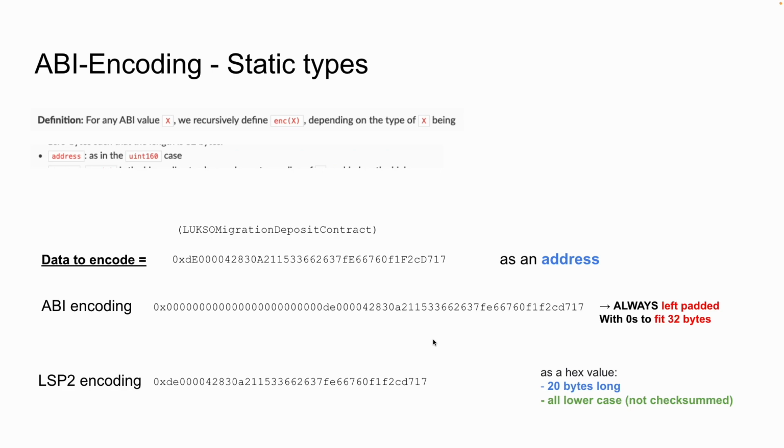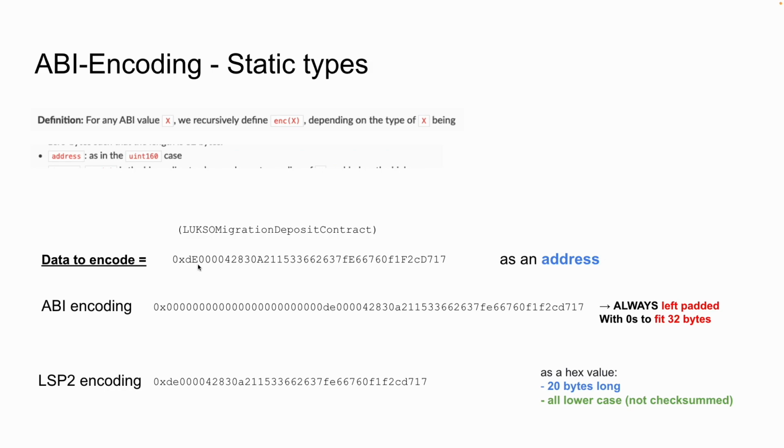The difference with the LSP2 encoding is that there is no such padding for addresses. It's simply the address as it is, 20 bytes long, and also importantly, it's always going to be stored under the hood as lowercase. It's not checksummed. Why? Because in the contract storage there is no concept of uppercase letters.